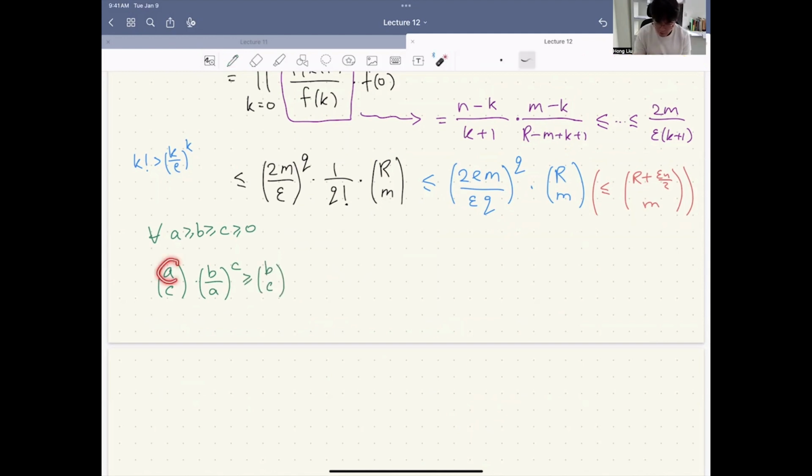Think of a as this slightly larger one, b as this slightly smaller one, and c as this one here. We have this is at most... what is the number? Let's write this vector.